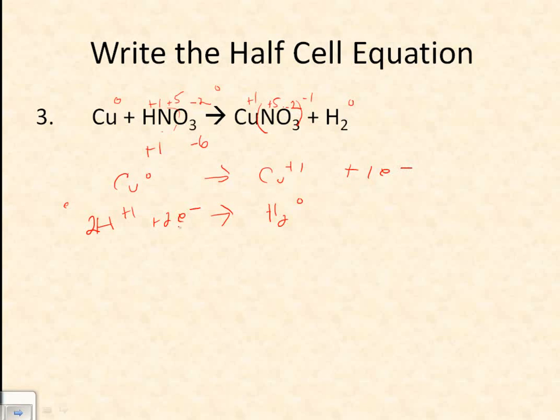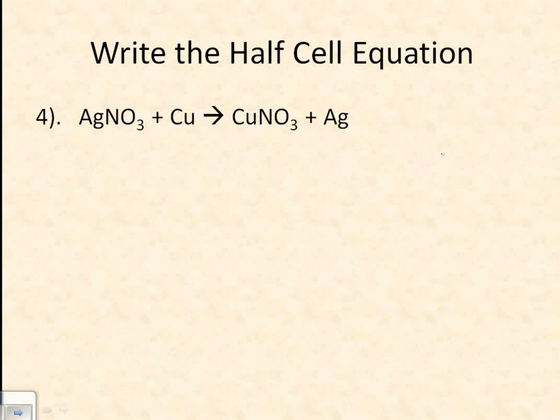Because there's 2 here and 1 here, I have to multiply this whole thing times 2, which means I'm going to need 2 of those and 2 of those. And I also have to carry up this 2 I wrote here. That 2 is going to need to go here. And that'll give me a balanced equation. And in order to identify what's reduced, the hydrogen went from a +1 to a 0. So that's reduction. And I go from 0 to +1. That's oxidation.